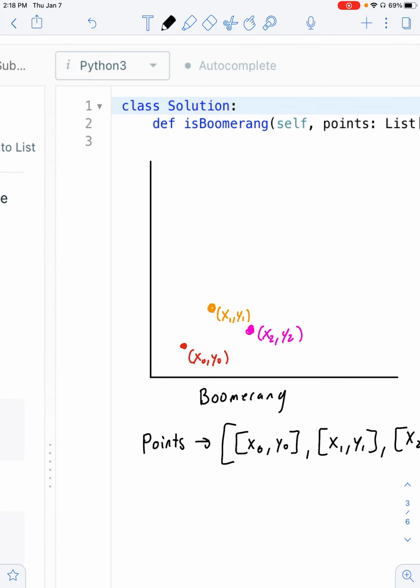So if we follow the same logic, the line that intersects red and orange is not identical to the line that intersects red and pink. They're clearly not the same. So what we need to do is find these lines.